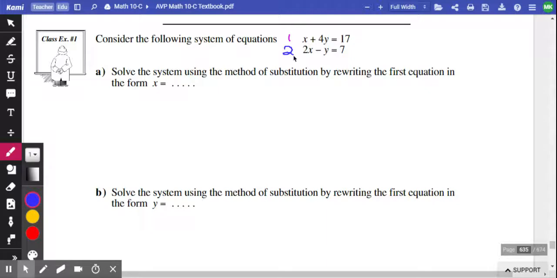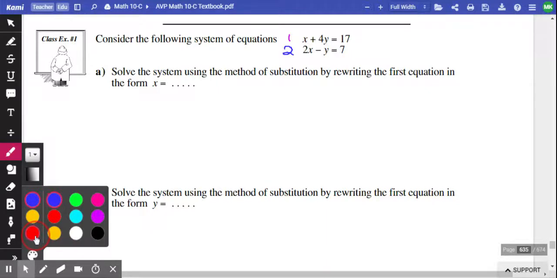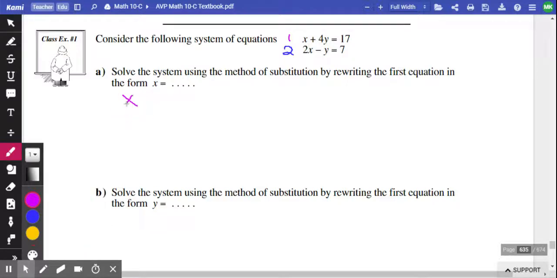We're going to take equation 1, the purple one, and we are going to change it so that x is by itself. So we have x plus 4y equals 17. That's true. The red circle is freaking me out. If you wanted to get x by itself, you need to move the y's to the other side of the equal sign.